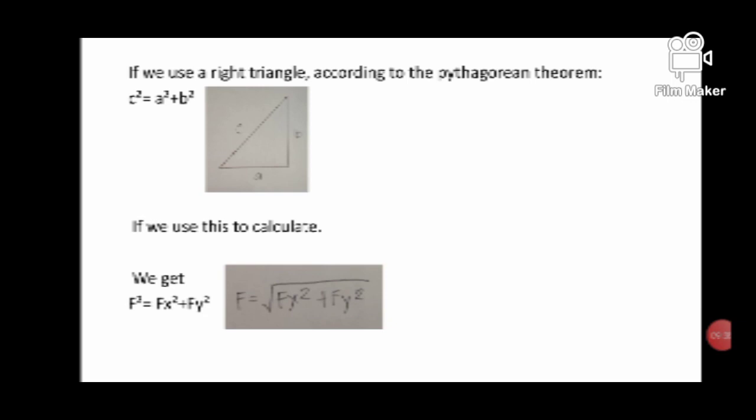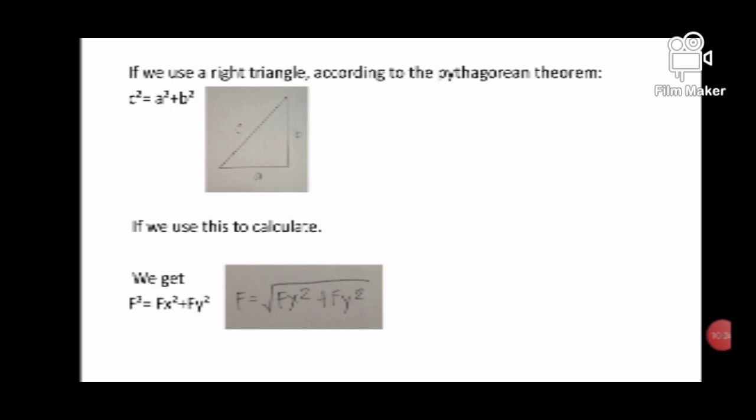Here, we can also use the right triangle method. And according to the Pythagorean theorem, c squared is equal to a squared plus b squared.